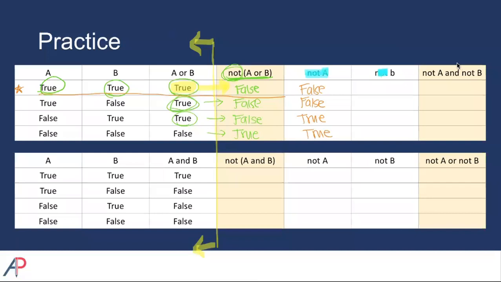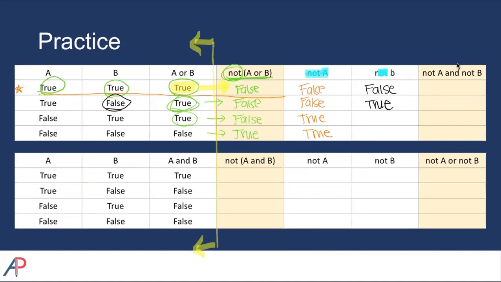Now we're gonna go ahead and do the B. So not B, where B is true, what would that be? Perfect, this is false. What about the second one, where my B is false this time? What would not B be? Very good, this one is true.